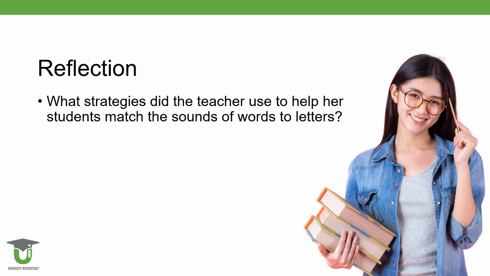As you can see in the video, Elkonin boxes help make abstract sounds concrete and visual, building the foundation for decoding and spelling. Some of the strategies utilized by the teacher included an explicit systematic routine whereby students repeat the word. Students hold up one finger for each sound they heard in that word.